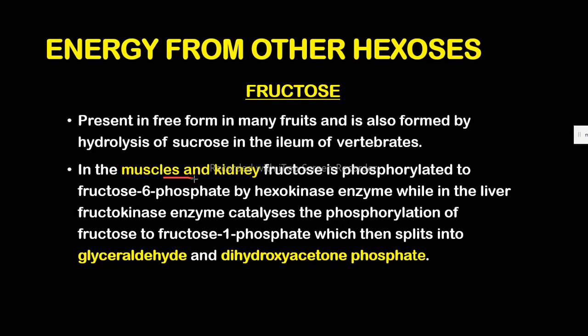Now, in muscles and kidneys, you're going to phosphorylate the fructose to form fructose 6-phosphate by the enzyme hexokinase. And then the fructose 6-phosphate is phosphorylated again to form fructose 1,6-diphosphate, and then you split it.